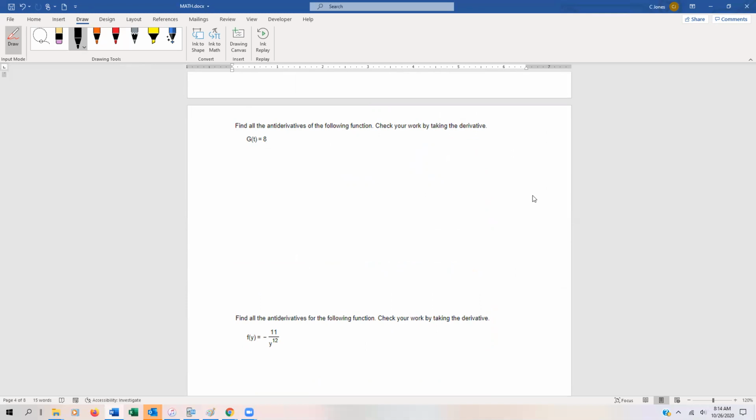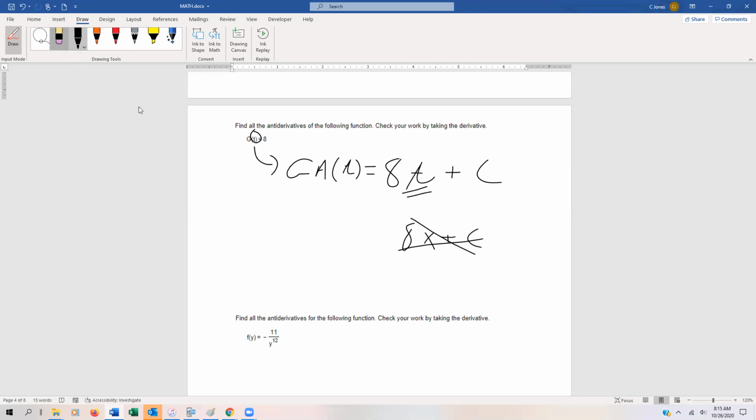They would say the antiderivative, it's already capital G, so I'm just going to call this GA, G antiderivative of t, is going to be equal to 8t plus c. A lot of students might write 8x plus c, but notice that the variable is with respect to t. So you have to be careful with that.